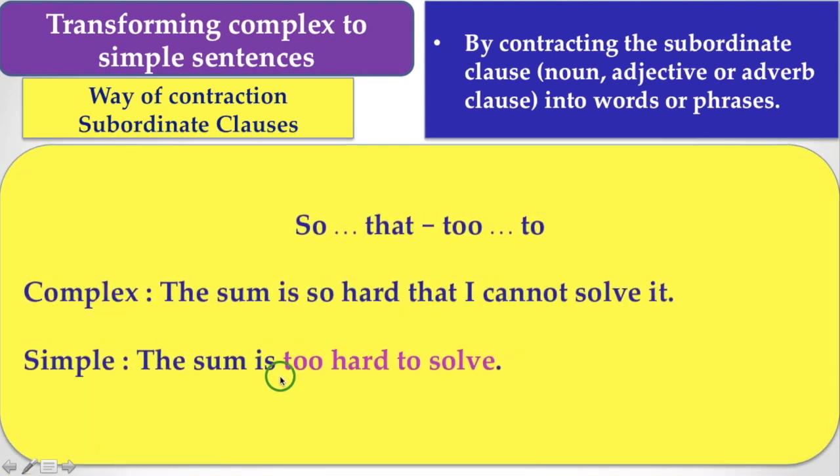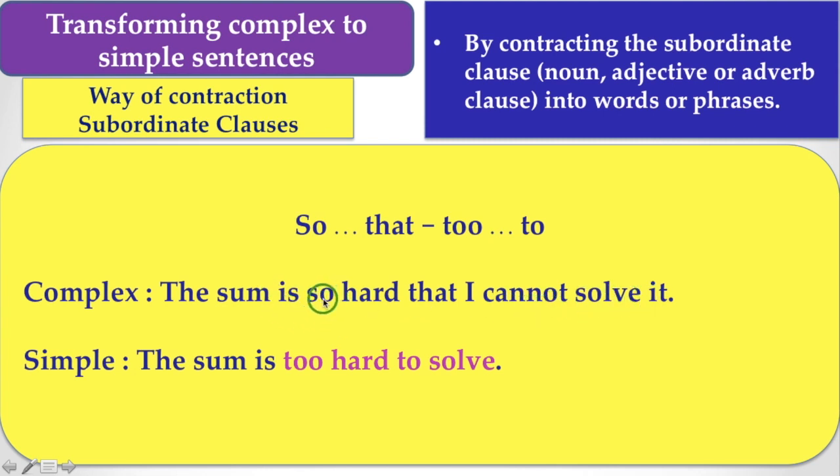Next rule for you, this is again a very useful shortcut: if you find so that in a complex sentence, you just use to, this structure is used there. For example, the sum is so hard that I cannot solve it.